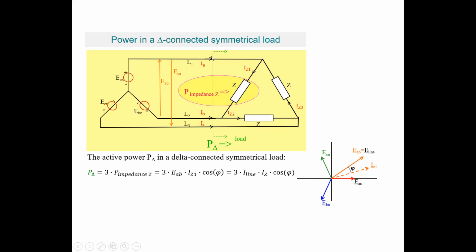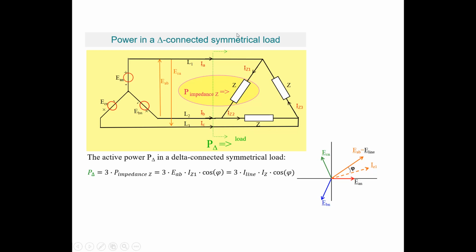So IA is in that direction, so also IZ1 is in that direction. IB is in this direction, so also IZ2 is in that direction, and IC is also in that direction, so also IZ3 is in that direction.